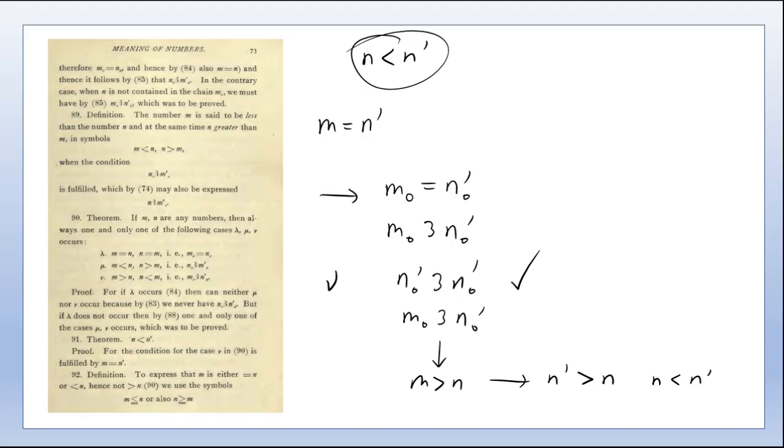Now I don't even need to bother checking whether either of the other cases, mu or lambda, hold. I've seen that in the case when m is equal to n primed, nu holds. So the other two cases are automatically excluded by theorem 90.